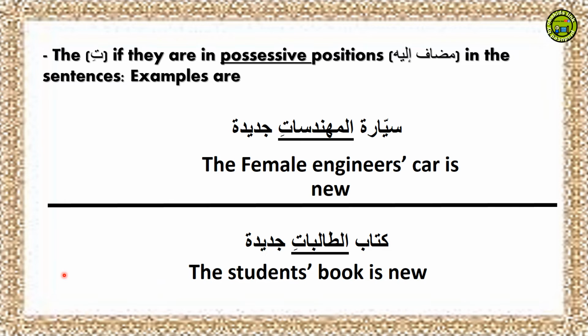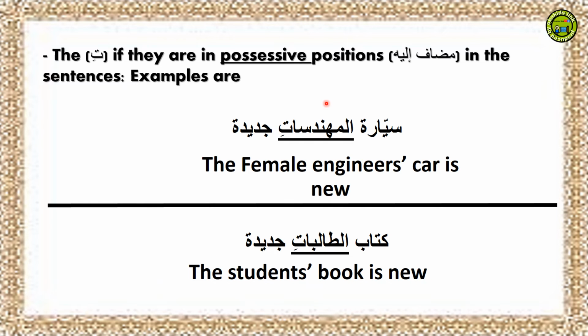Here we have the ta takes kasra if they are in possessive positions, مضاف إليه, in the sentences. سيارة المهندسات جديدة, the female engineers' car is new. كتاب الطالبات جديد, the students' book is new.